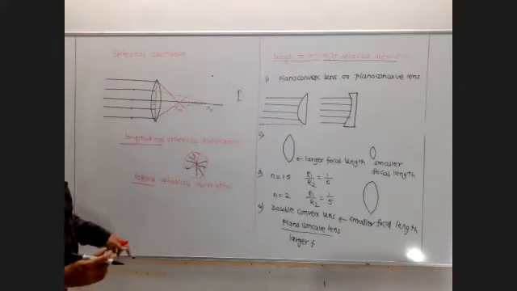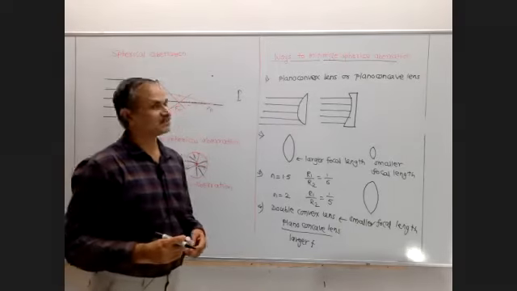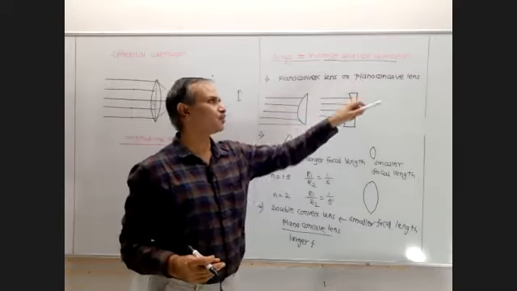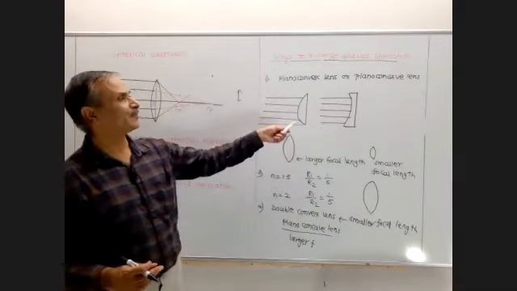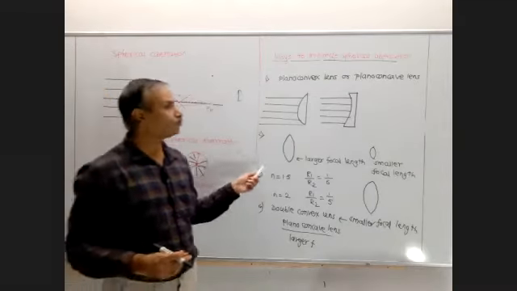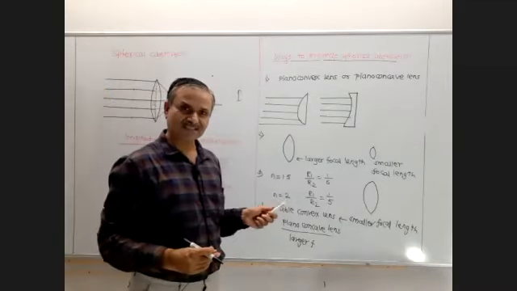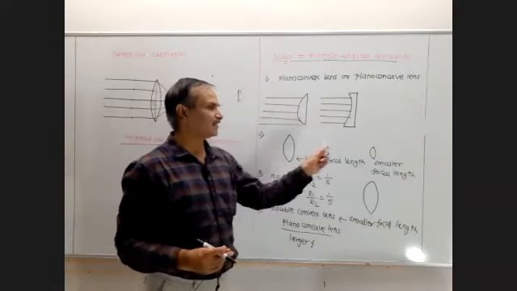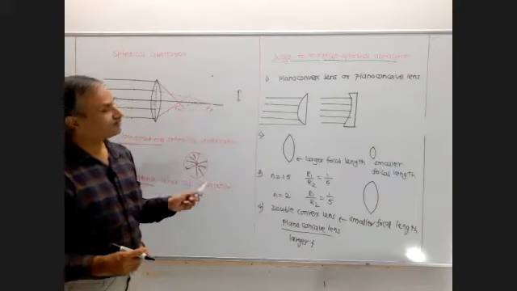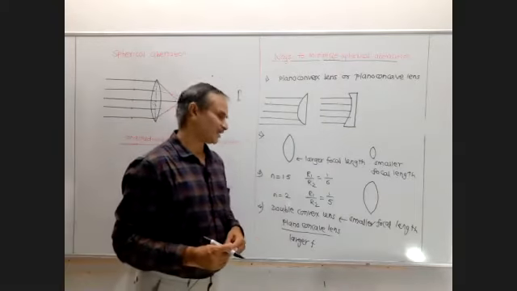Now there are four ways to minimize the spherical aberration. First, either by using a plano-convex lens or plano-concave lens with the curved surface towards the incident light. Second, by using two double convex lenses, one having a larger focal length and another a smaller focal length, and the incident ray should face the larger focal length.